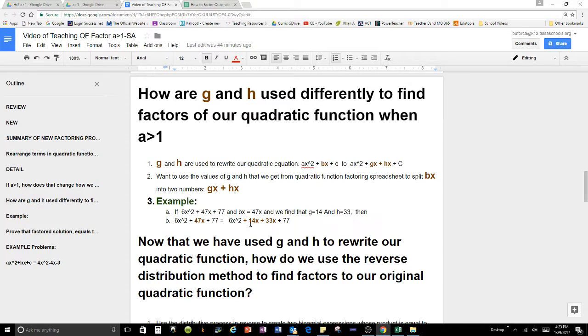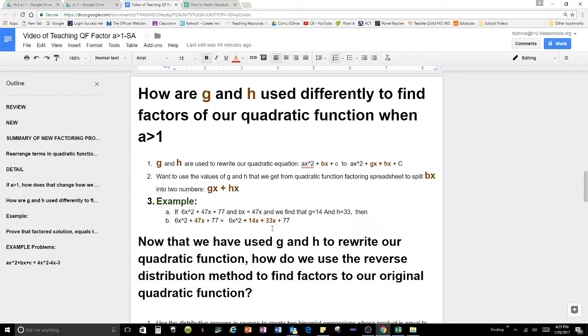So the next step is, once we've taken the 47x and split it up into two numbers from G and H, G is 14, so we make it 14x. H is equal to 33, so we make that 33x. So we just substitute those two for the 47x.